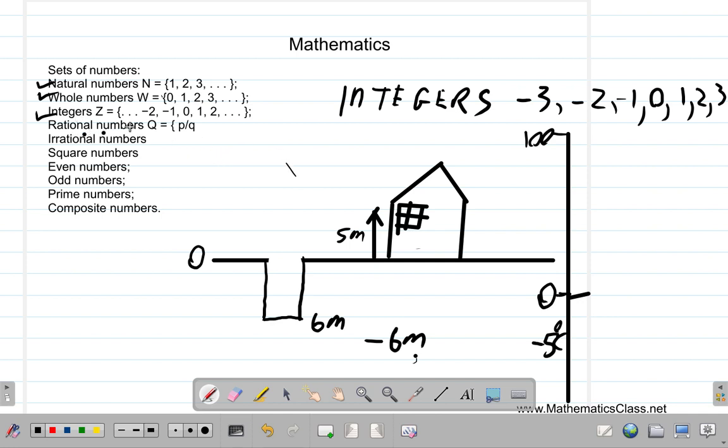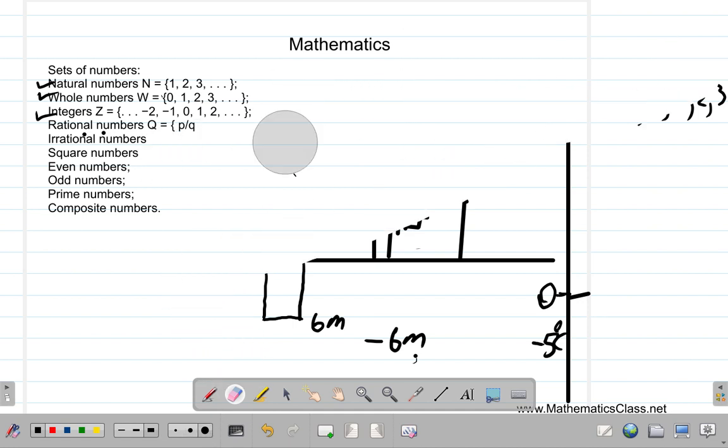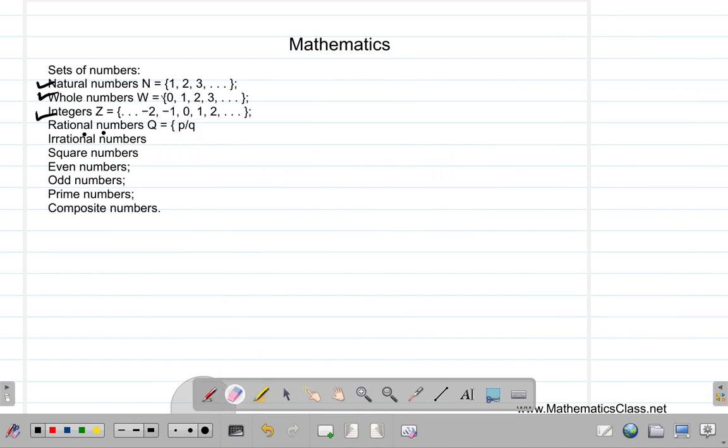Next type of numbers we're going to look at are called rational numbers. Look at this. R-A-T-I-O. You ever did ratio before? Then we put the N-A-L on it.